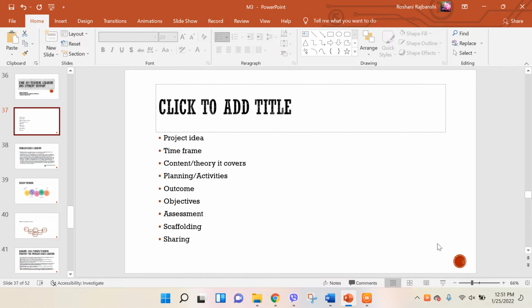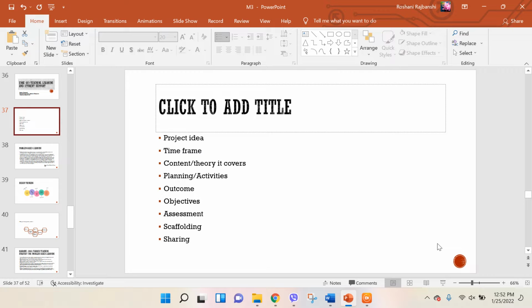So last time we discussed the creative project that you created, and many of you created a really good project. The thing that everyone had in common was the project idea, the time frame, and the content or theory that it covers. A project has to have some planning or activities, and it has to have some outcomes and objectives.